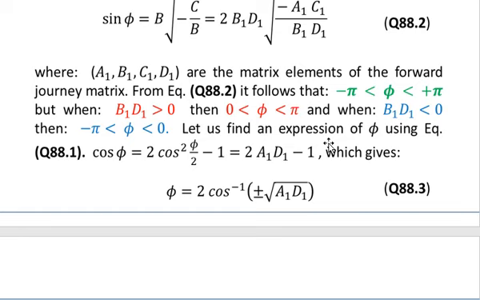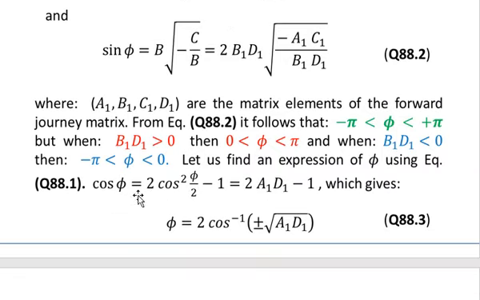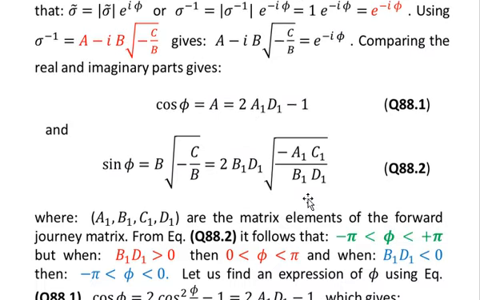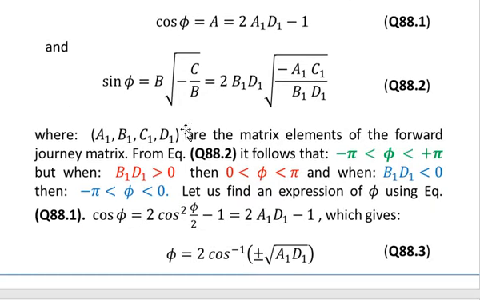Let's find an expression of phi using equation number 1, that is this equation. We can write cos of phi is equal to 2 times cos square phi by 2 minus 1, and this is equal to 2 A1 D1 minus 1. So you see that here we have represented cos phi in the form of a square using the half angle representation.